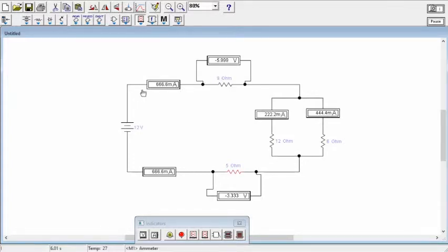So, the polarities are right. As you can see here, the voltmeter became negative. It means, let's try to rotate.